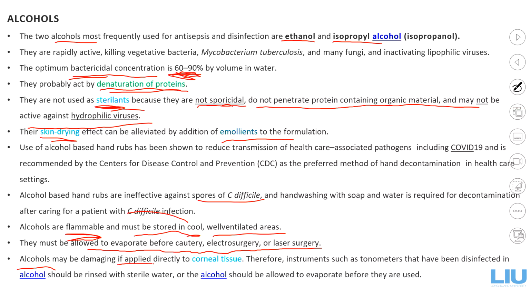May be damaging if applied directly to corneal tissues, so you should avoid applying them to the eye. Should be rinsed with sterile water and allowed to evaporate if applied to instruments. Any questions about alcohols? So far, so good. All right.